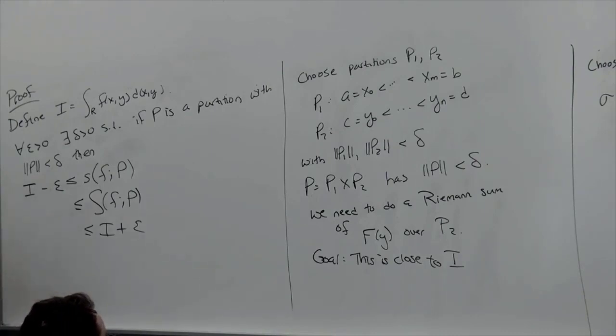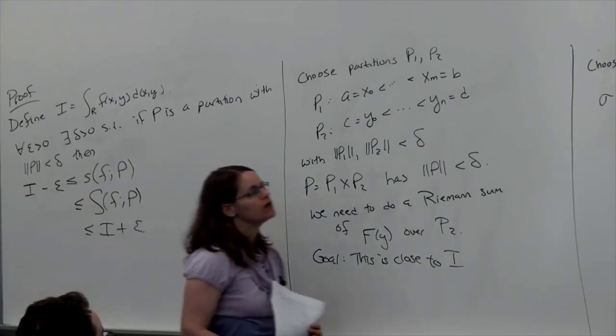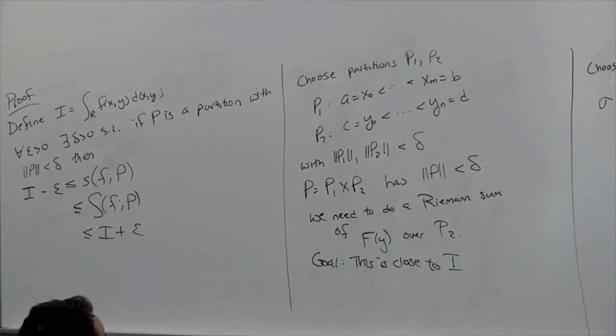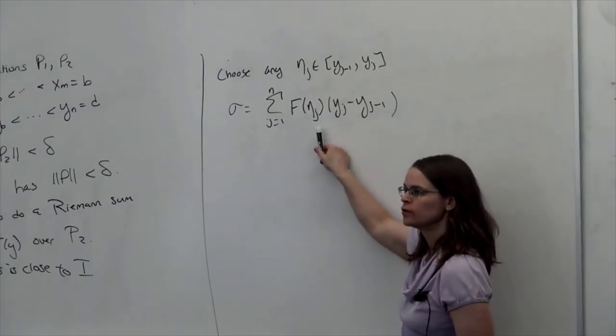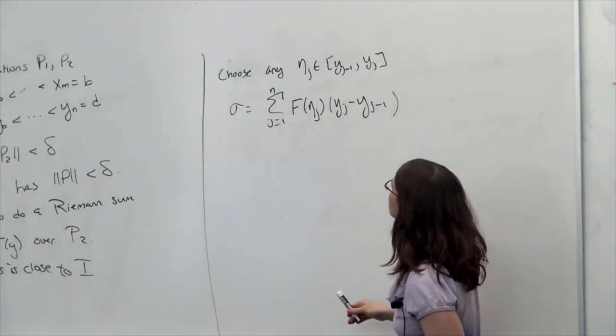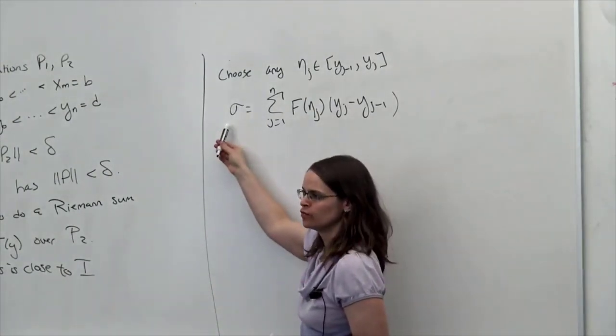All right, and once again, our goal is to show that this quantity sigma is close to I, capital I. Well, if we're going to try to argue that, we need to figure out what's going on in here. So what I'm going to try to do is get some upper and lower bounds for whatever this quantity could be, okay? And that will in turn give me some upper and lower bounds for sigma.